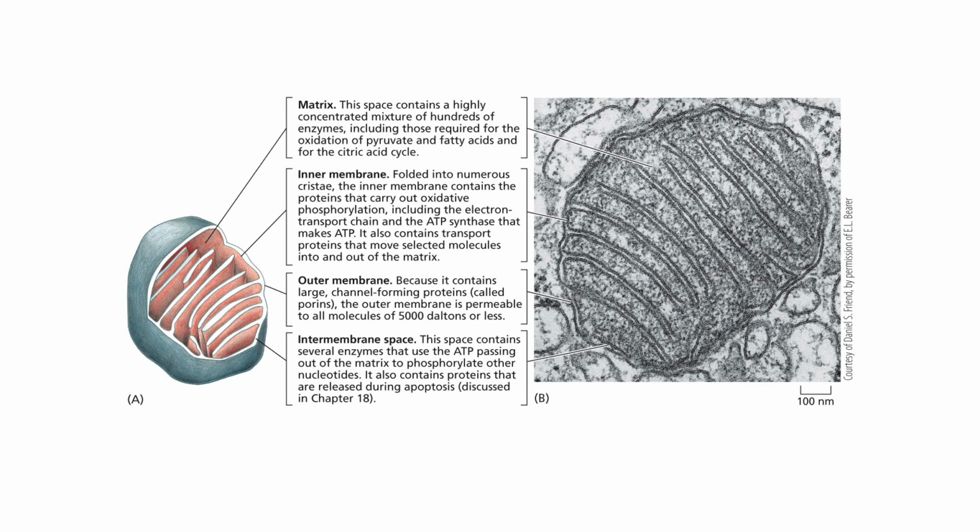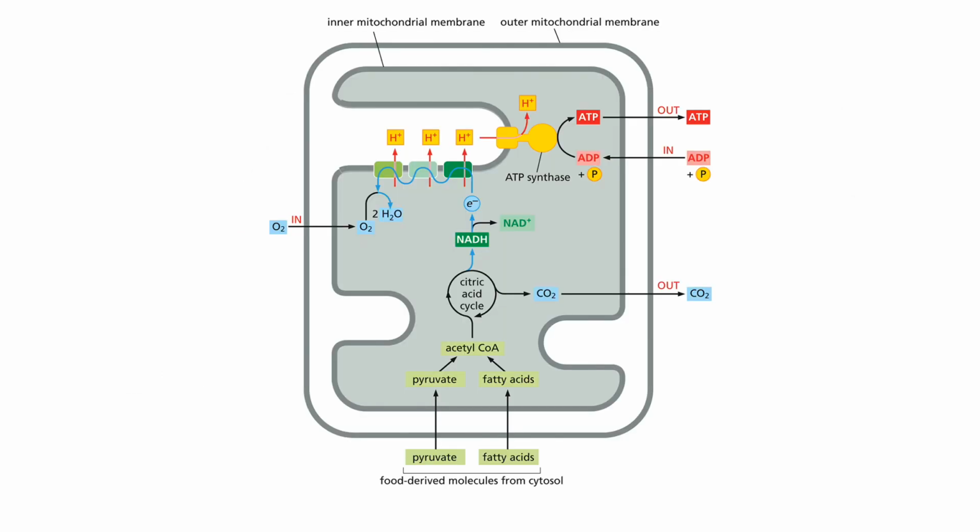Let's take a look at the next one. It's a little bit more illustrative. So this shows a simple, basically, diagram of mitochondria. So again, you have the outer mitochondrial membrane, you have the inner mitochondrial membrane with the cristae showing the folds. Oxygen is allowed to diffuse in. That's the oxygen we breathe.